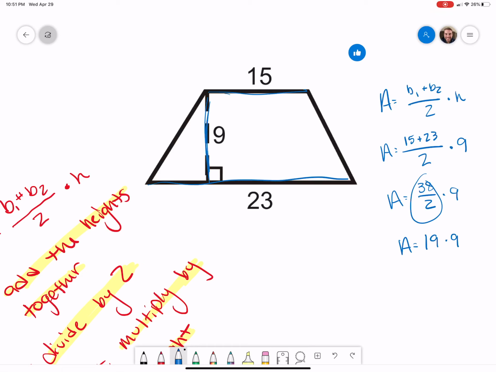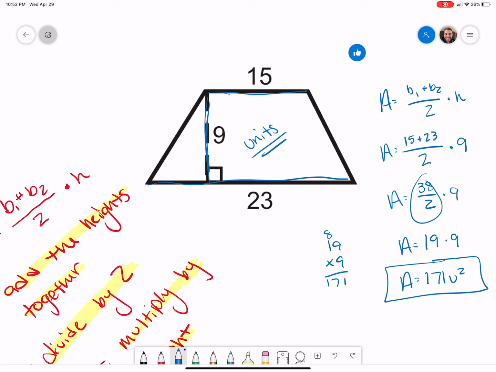Okay, well, I'm going to do a little scratch math. I'm not going to use a calculator. 171. So I don't have a label on this one. If you remember back when I said I don't have a label, we always call it units. So this would be 171 units squared.